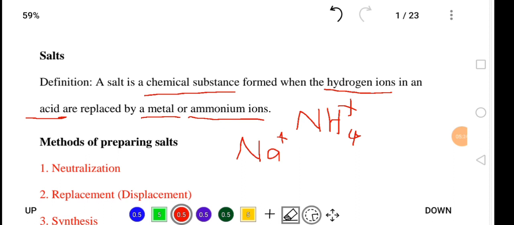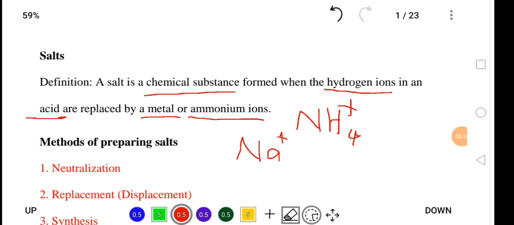And you should understand that every acid contains hydrogen ion as the only positively charged ion. That's the reason why reactive metals are able to displace hydrogen ion from its acid, and the metal takes the place of hydrogen ion to form a salt.